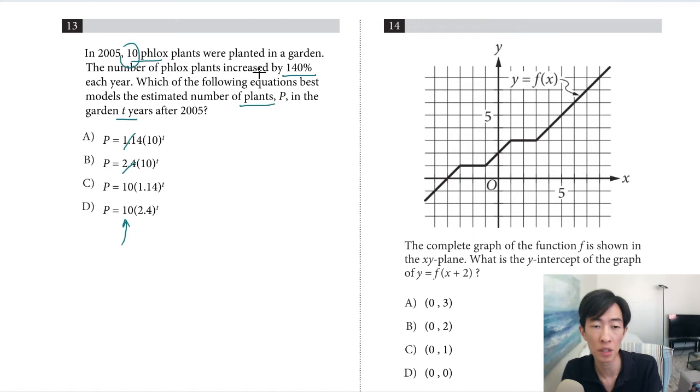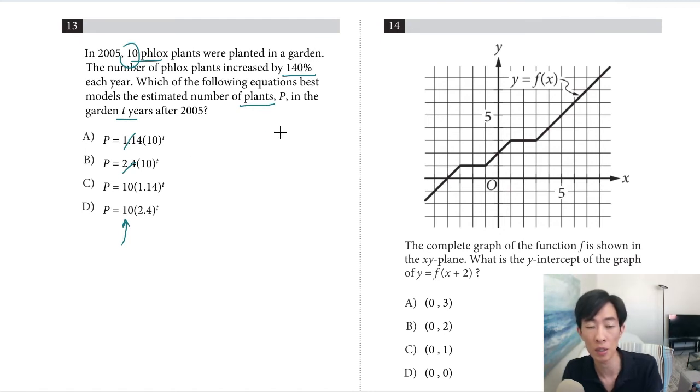And the next thing is, this is a little bit tricky, because if the plants increased by 140%, that's not the same as saying that they increased by 40%. How do you represent an increase of 140%? That means not only did it double because it's an increase of 100%, on top of the doubling, it's another 40%.